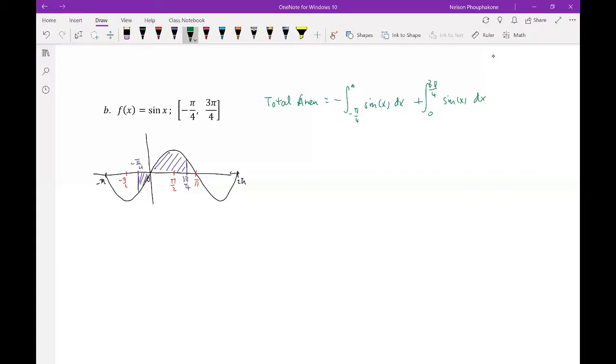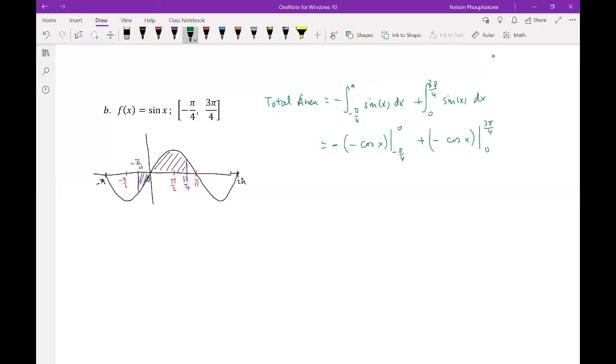We know that the antiderivative of this one is negative cosine of x, integrated between negative pi over 4 to 0, plus negative cosine of x, integrated between 0 and 3 pi over 4.